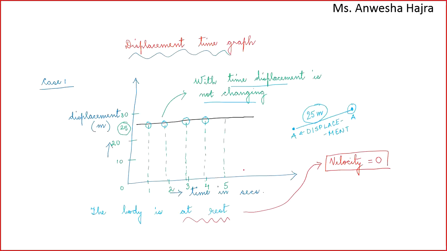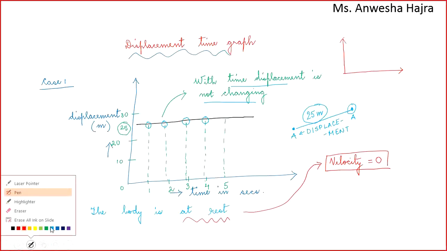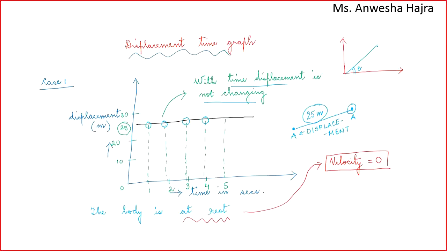Now, in a graph, children, say I have a graph like this. This angle, let me call it theta. Now if I complete the triangle and draw a perpendicular over here, this is 90 degree. Opposite to the angle, this side is called perpendicular.